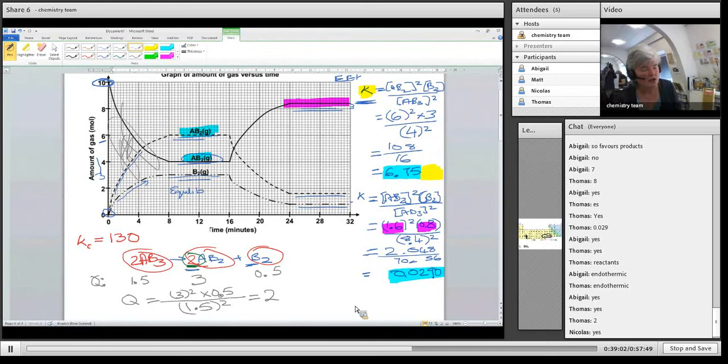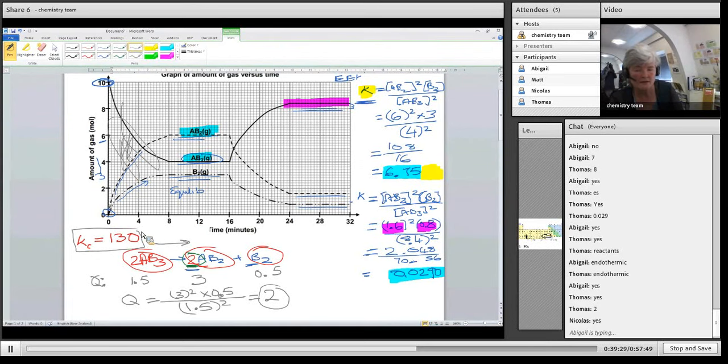So you've got to work out, am I going to have the forward reaction, or am I going to have more of the back reaction happening when I throw all this together? So you look at Q and you compare it with the given Kc value. Is the Q value bigger or smaller than the Kc?